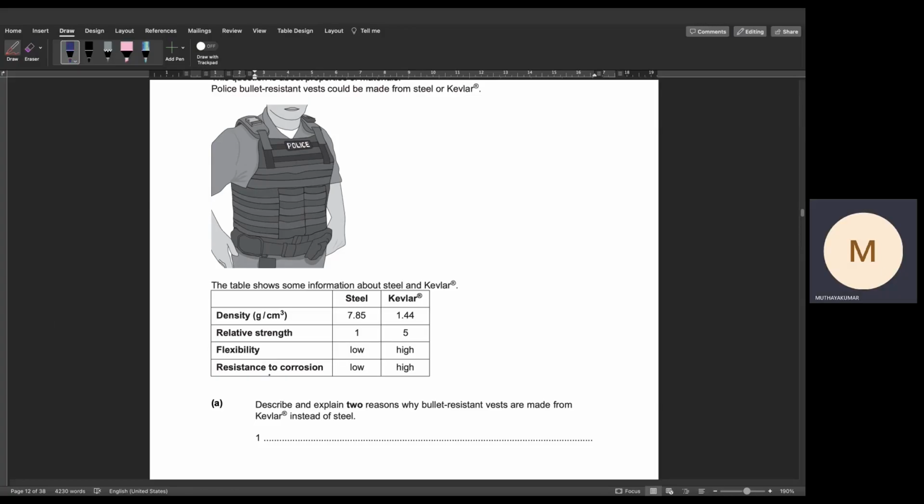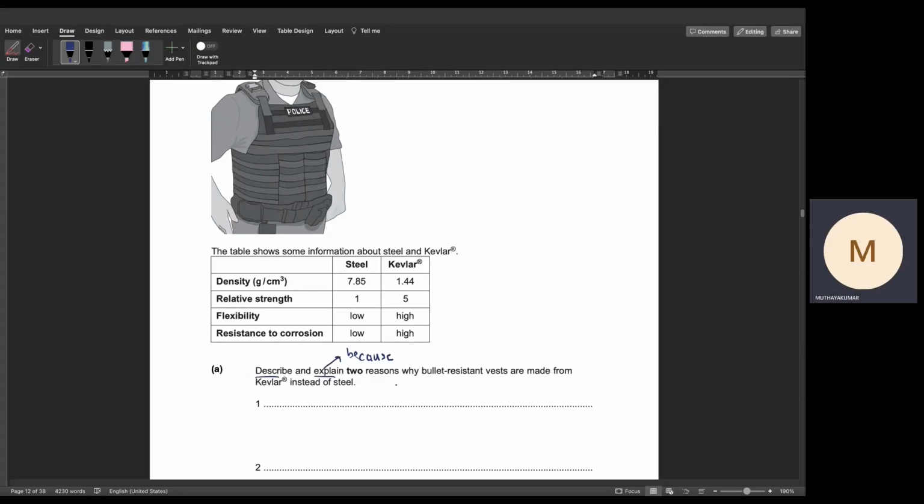Describe and explain 2 reasons why bullet-resistant vests should be made from Kevlar instead of steel. So we've got to not only describe but explain, which requires the word because in our answer. It's a 4-mark question, so I'm expecting 2 marks per point, where 1 mark is for the description and 1 mark is for the explanation.